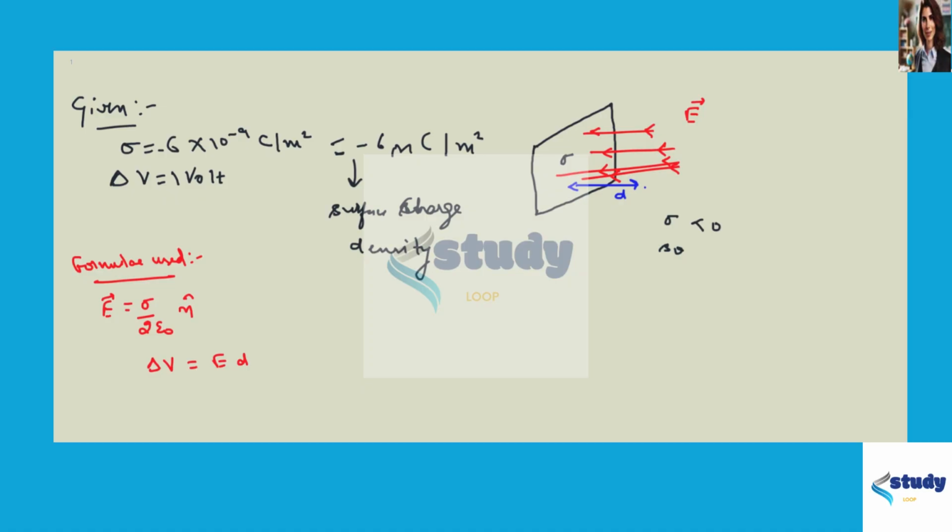N cap is perpendicular to the plane of the sheet. Looking at this sigma, we have this negative here, so that means the direction of the electric field changes towards the sheet of charge.